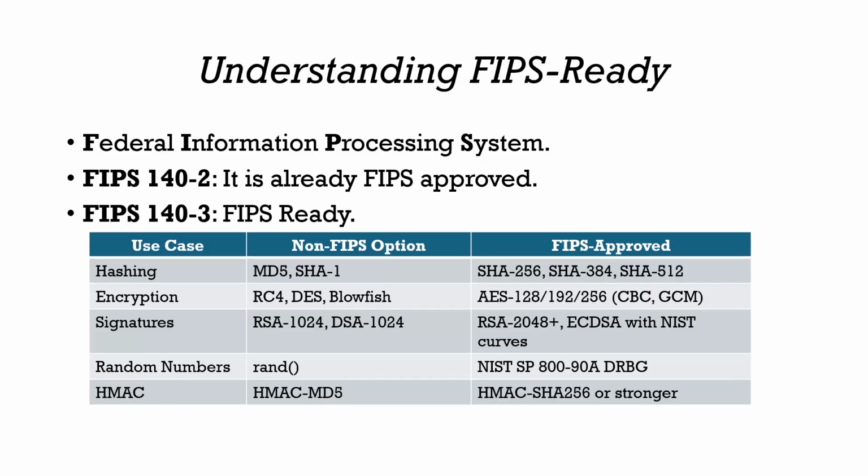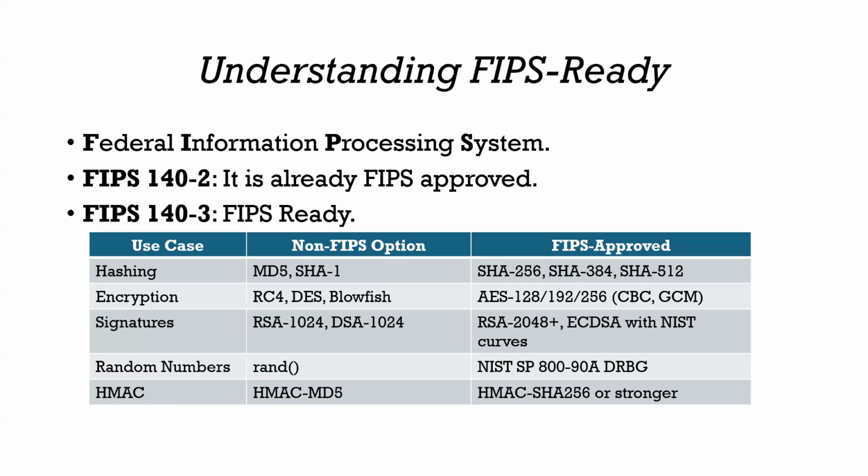There could be lots of security holes. Whenever we make use of FIPS-compliant cryptographic libraries, we are sure that none of the non-FIPS options are there in that library, or they have been replaced completely.